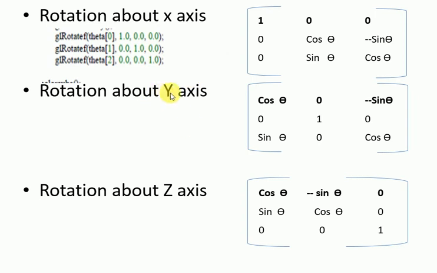Here it is rotated about the y-axis, that means y becomes 1, with an angle theta. And for the z-axis, z becomes 1. That is why we have 1 here for x, here 1 for y, and here 1 for z.